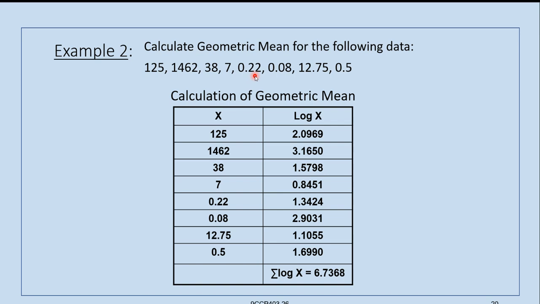That we will see in the solution. So here x is this one and log x is this one. This is minus, this is minus, and this is minus values.